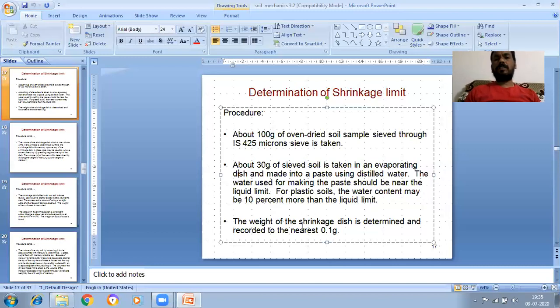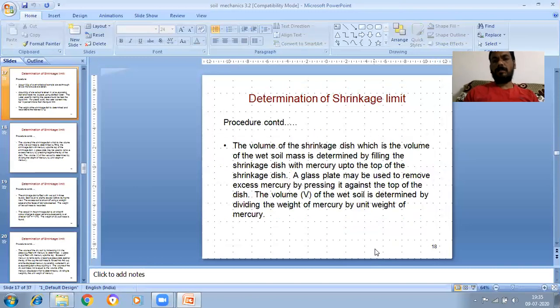Next, the weight of the shrinkage dish is determined and recorded to the nearest 0.1 gram. Next, what to do? The volume of the shrinkage dish, which is the volume of the wet soil mass, is determined by filling the shrinkage dish with mercury up to the top of the shrinkage dish. The volume of the shrinkage dish is nothing but the volume of the wet soil mass, because the wet soil mass is what we are taking into that shrinkage dish.